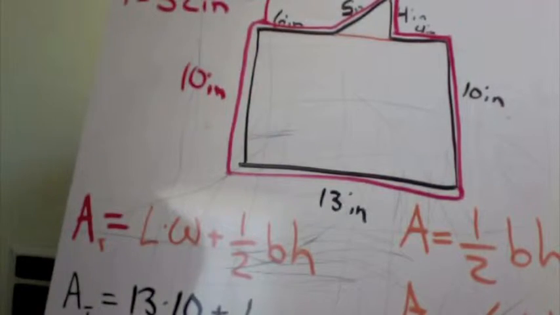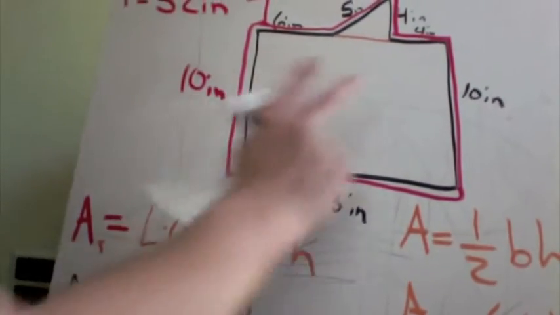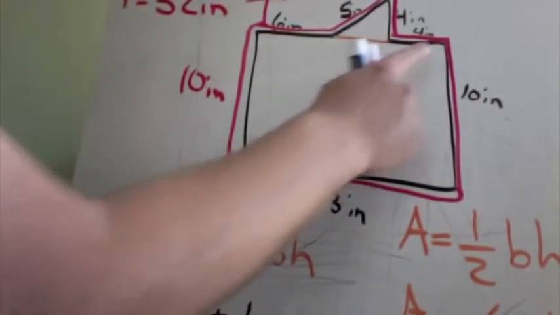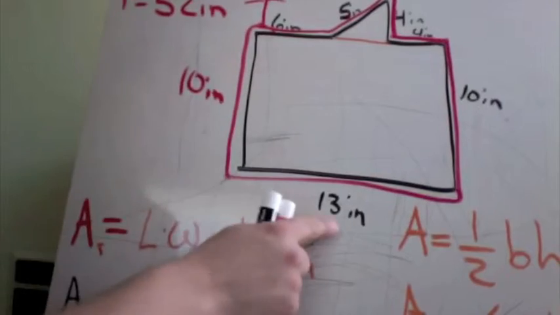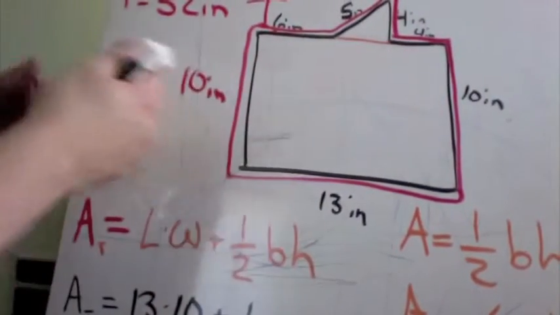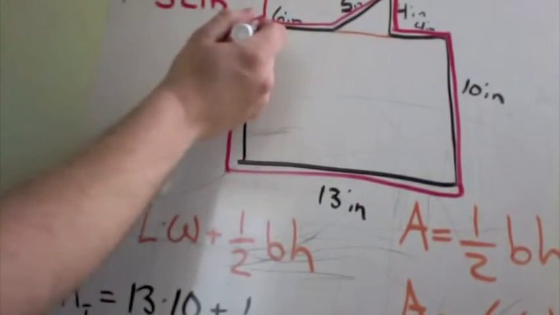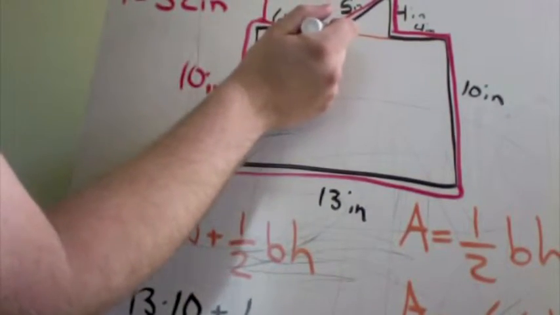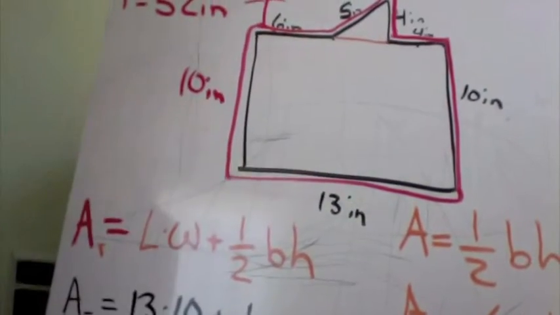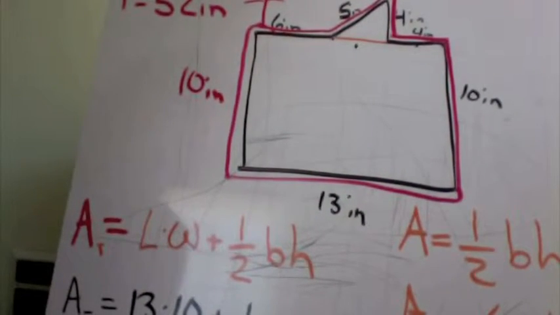So the base of this particular triangle is this distance. The problem is I don't know that distance. But I do know that from here to here is 13 inches, just like here. So if the total distance here is 13, and from here to here is 6, and here to here is 4, if I take that 6 and that 4 and subtract it from 13, whatever is left over here is going to be that distance right there.